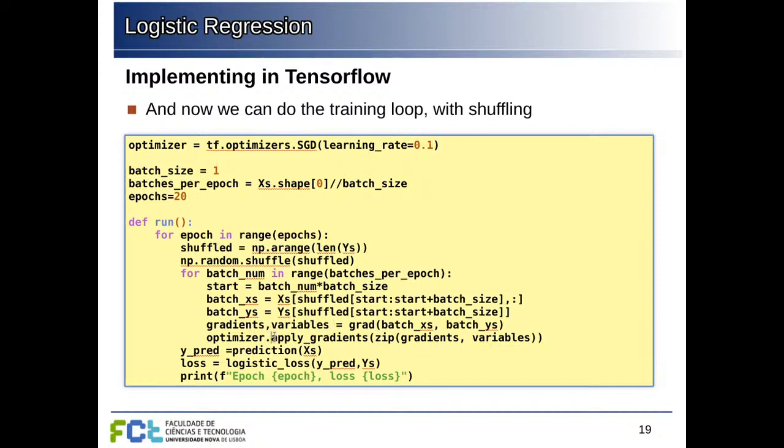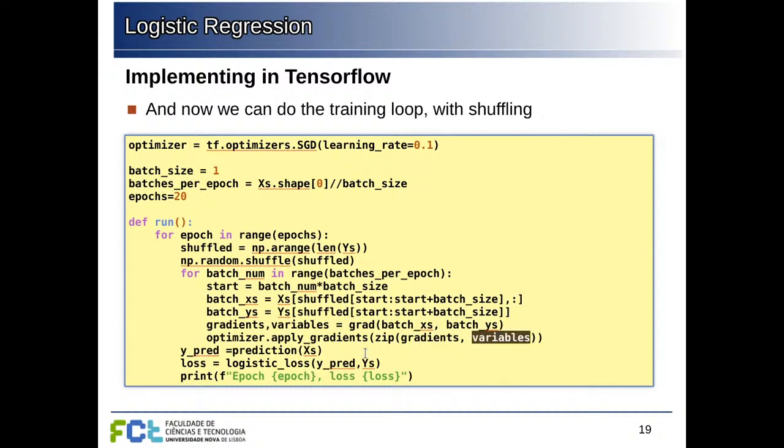So we need to give to this apply gradients method a list with the tuples of the gradient and the corresponding variable. This is easy to do with zip. This is a basic Python function that can take a number of arrays as arguments and return a single array with tuples, where it puts the first element of this one with the first element of this one, and then the second with the second, and the third with the third, and so on.